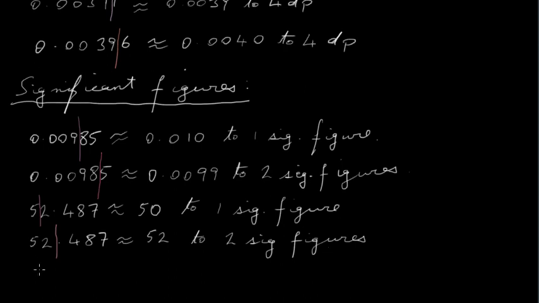We'll do one more. We'll do 3 significant figures. So let's say that's 52.487. And we want 3 significant figures this time. So this is the first significant figure, second significant figure, third significant figure. So I'm going to draw a line there. Now these are our 3 significant figures here. 5 is significant, 2 is significant, 4 is significant.